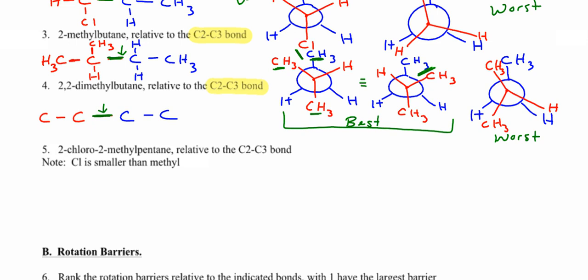So all the red needs to be the red parts of my Newman projection, and my blue needs to be the back part of my Newman projection. So let's take a look. 2,2-dimethyl means that I would have 2 methyl groups here. And then, in this case, this last one still has to be there. That's going to be another methyl group. The reason it's not a methyl group is that it's part of the chain.